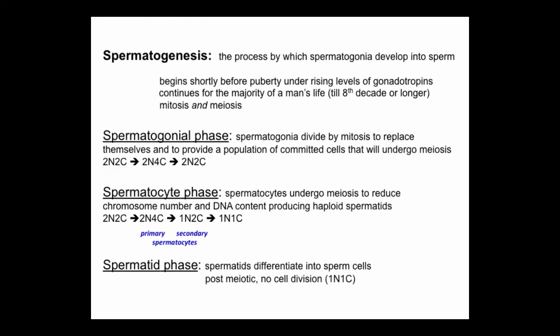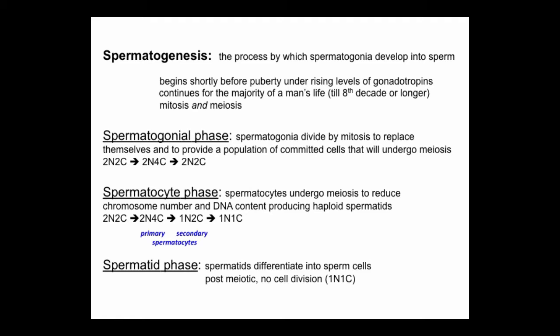The spermatogonial phase: in this phase spermatogonia divide by mitosis to replace themselves and to provide a population of committed cells that will undergo meiosis. Basically, in the spermatogonial phase, cells are going from 2n2c to 2n4c and then back down to 2n2c.